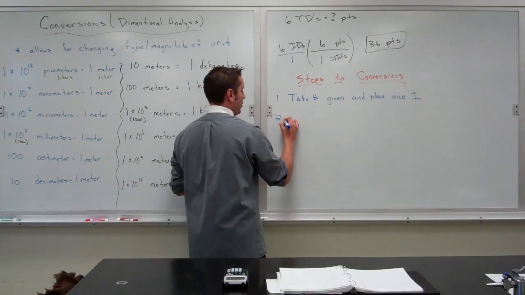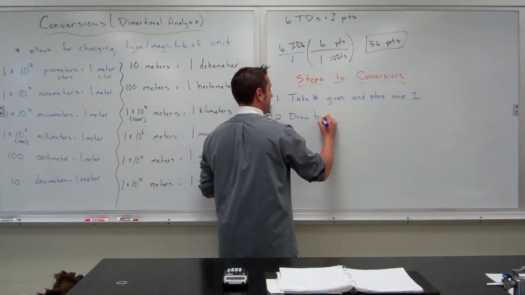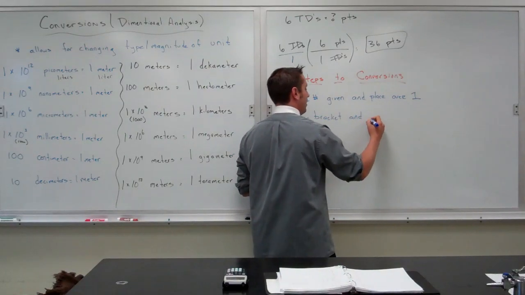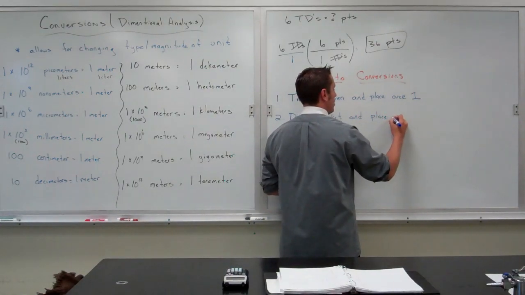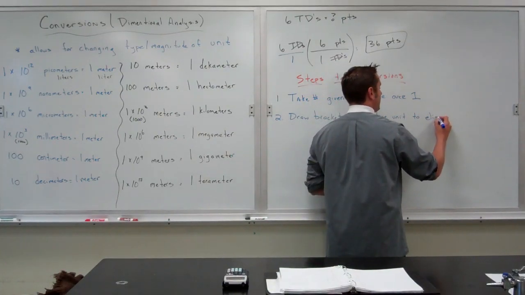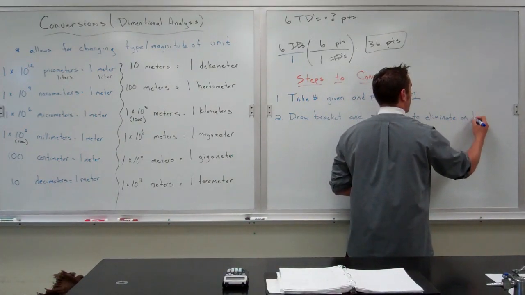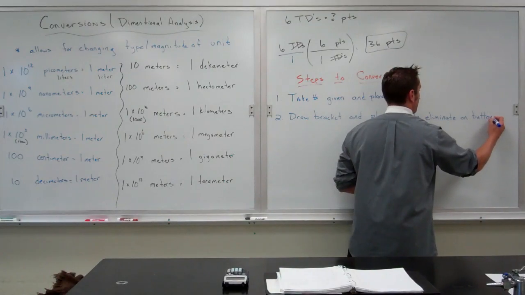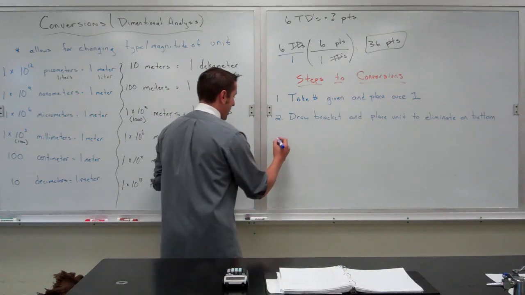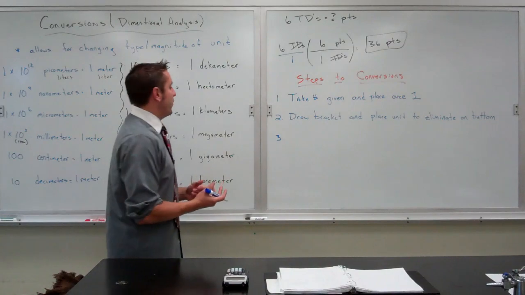So step 2 will be draw brackets and place unit to eliminate on bottom. So I put touchdowns. Step 3 was I put points on the top. That's what I wanted to find out about.